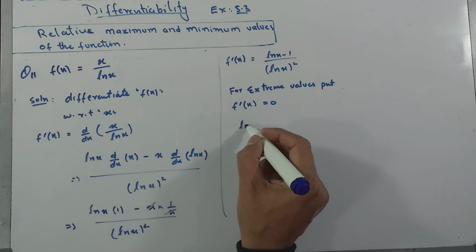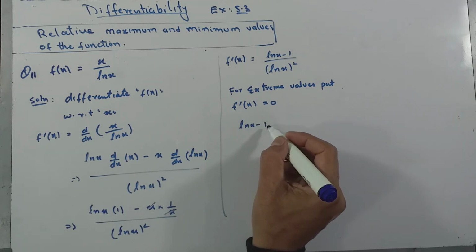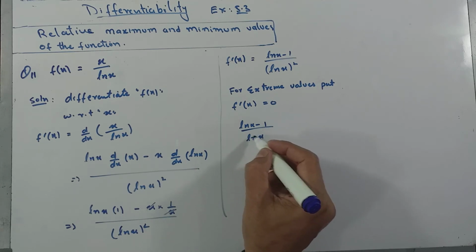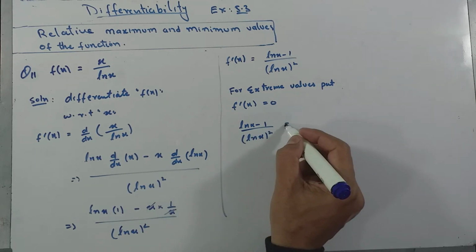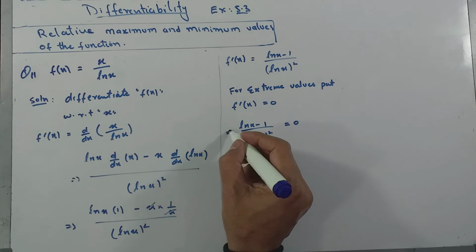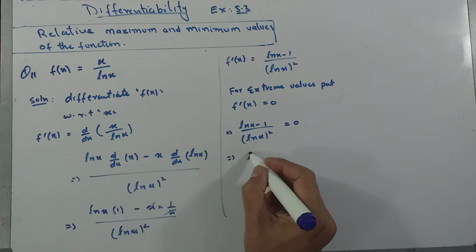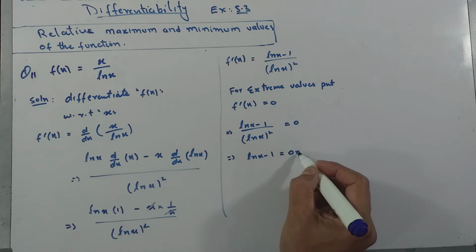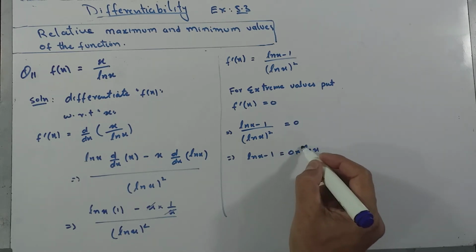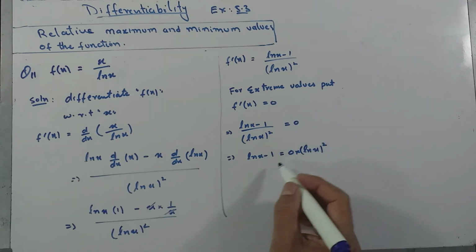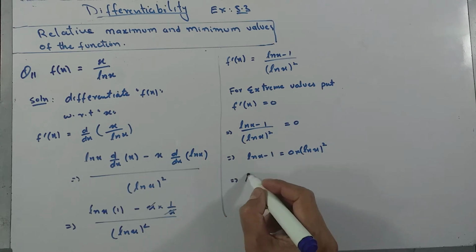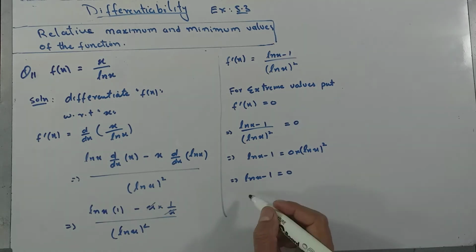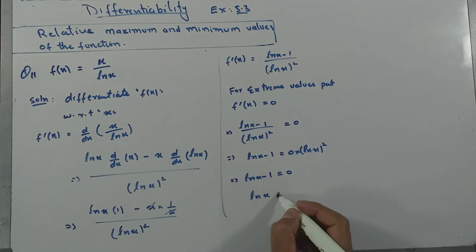So ln x minus 1 upon ln x whole square is equal to 0. Now ln x minus 1 is equal to 0 multiplied by ln x whole square, which will become 0. So ln x minus 1 is equal to 0, and ln x is equal to 1.